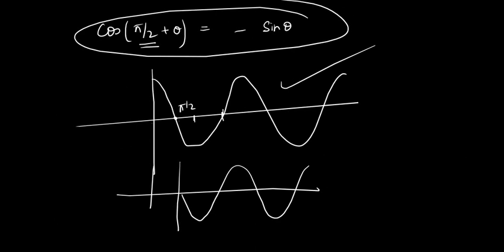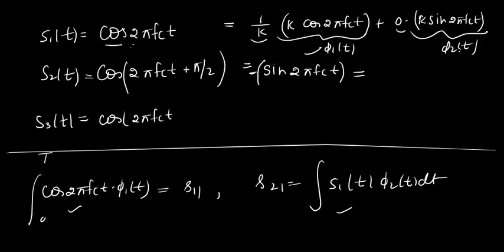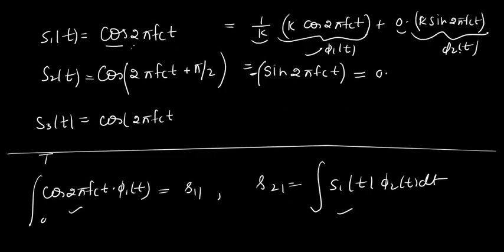That is clear. Now it is clear. So minus sin of this, you have to write what is the amount of phi 1 t in it and phi 2 t in it. लिखो. So 0 of k cos 2 pi f c t and minus 1 by k of k sin 2 pi f c t.